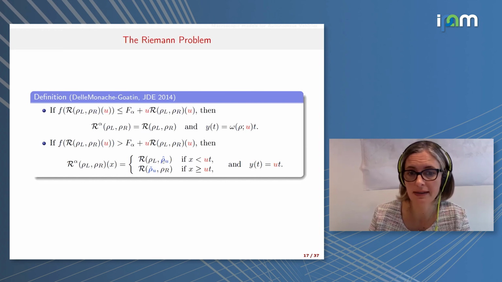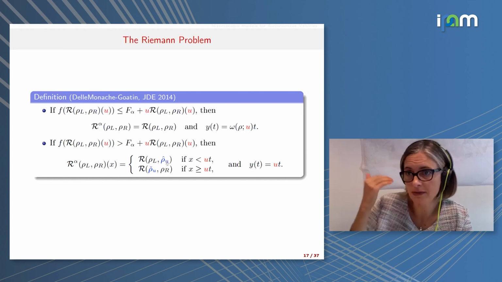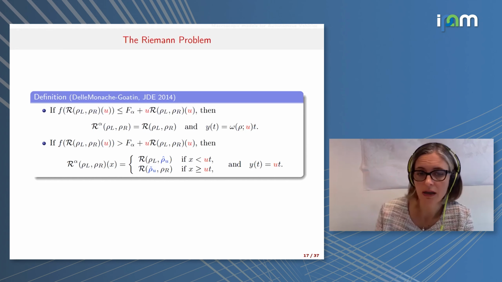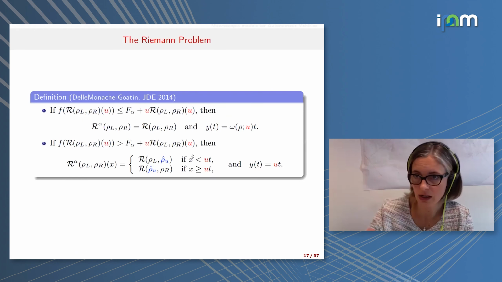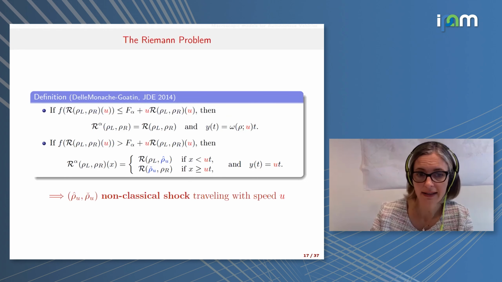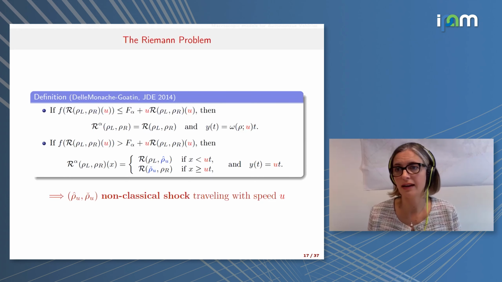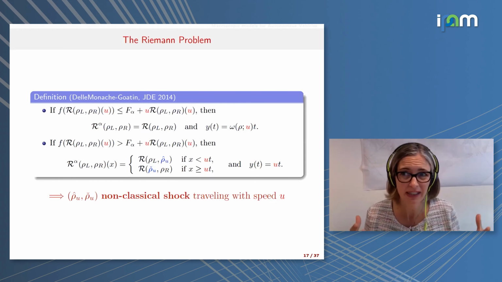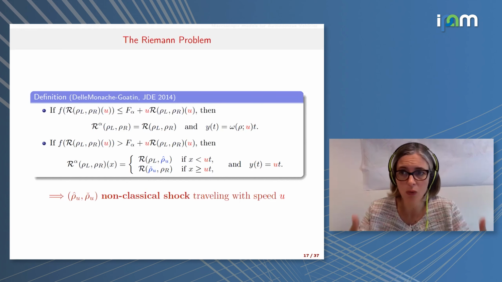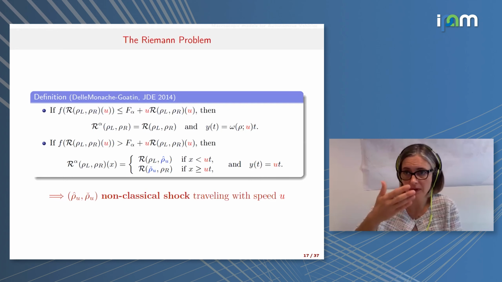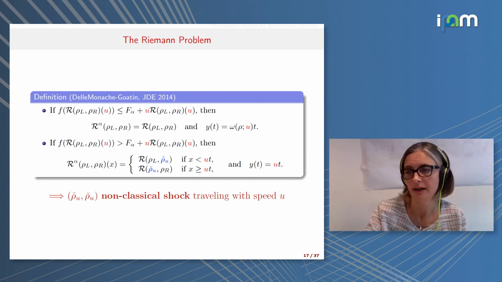You jump from a density rho hat of u upstream, so just behind the vehicle, to a much smaller density that is rho u check, that is this one. You jump from here to here, just downstream the vehicle, okay? And this is something that is normally not happening in traffic, because in traffic, normally you don't have downward jumps. You can have upward jumps when you enter a congestion.